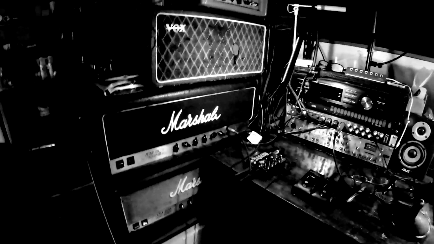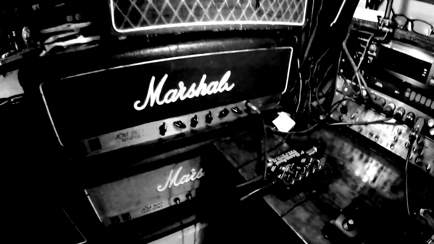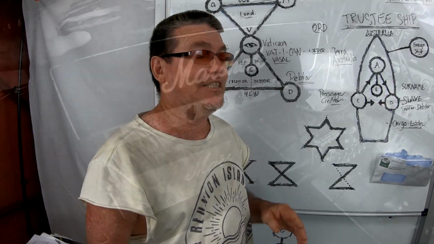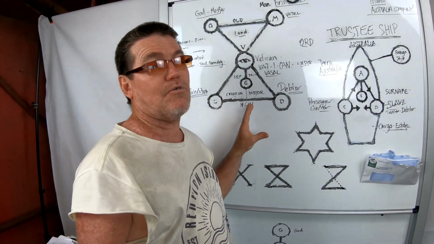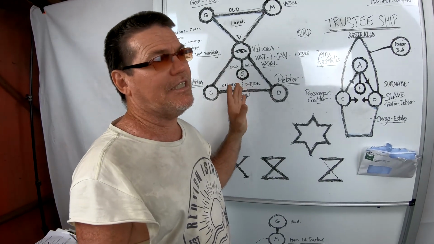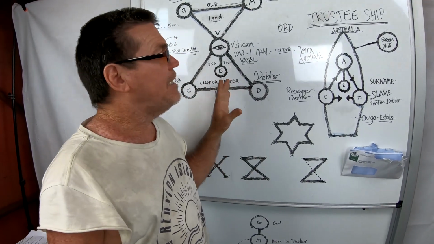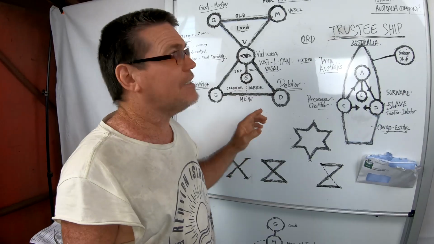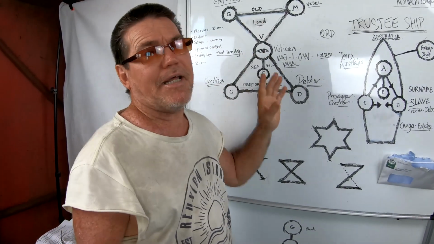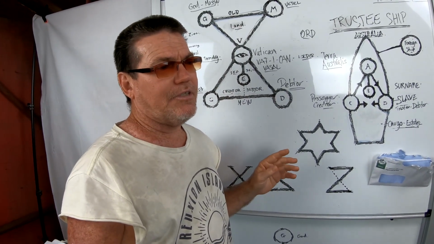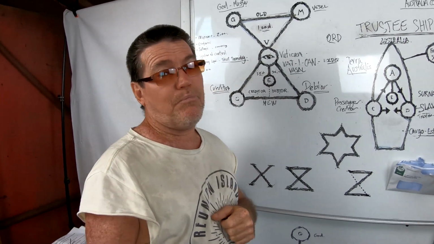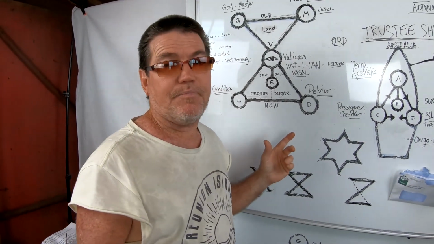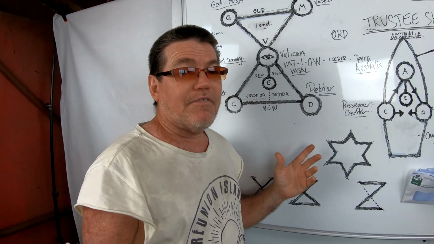Now, of course, the Marshall amplifier schematic is sort of pretty complex as far as guitar amps go. But this amplifier, or this schematic, or this system, or this plan is the same thing. It's a simple schematic that actually identifies quite a complex system of governance.